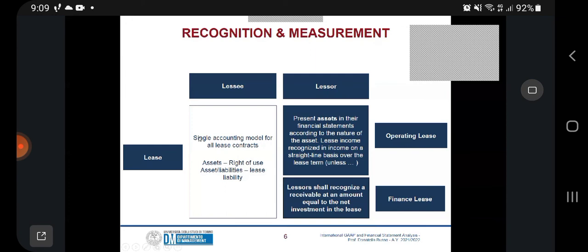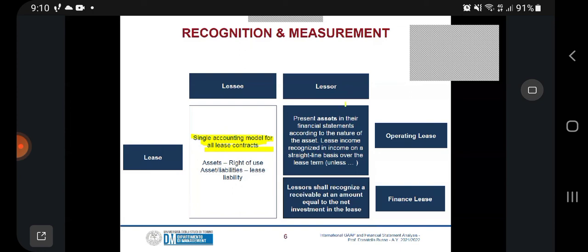For the lessee, the analysis that is very important is the first one: is this contract a lease or a service? If it is a lease, it falls within the scope of IFRS 16, and the accounting model is just one. A single accounting model for all the contracts.